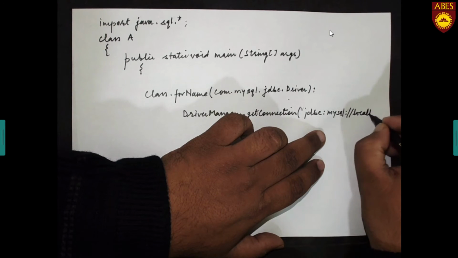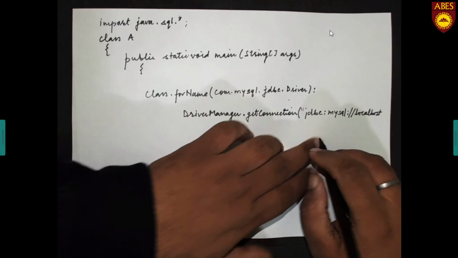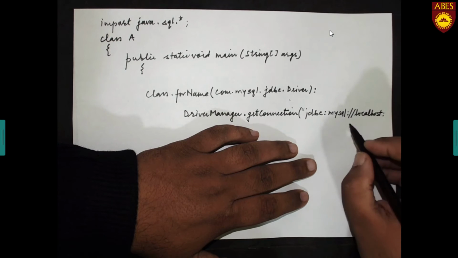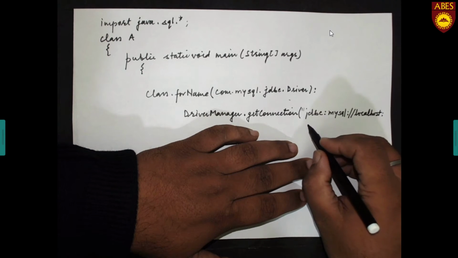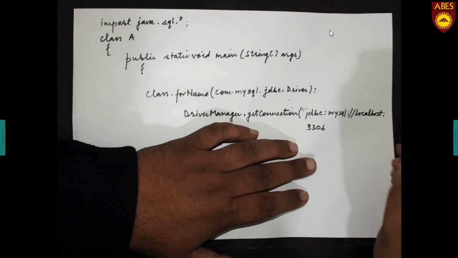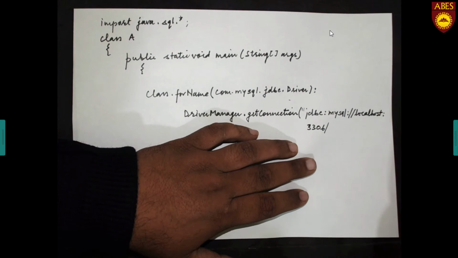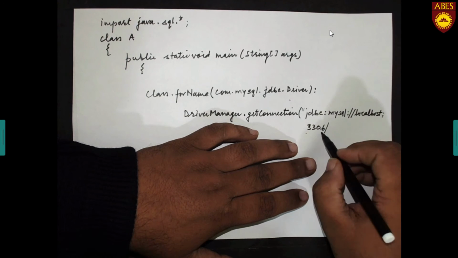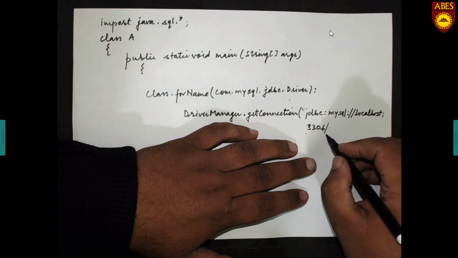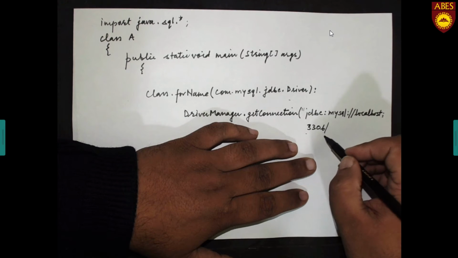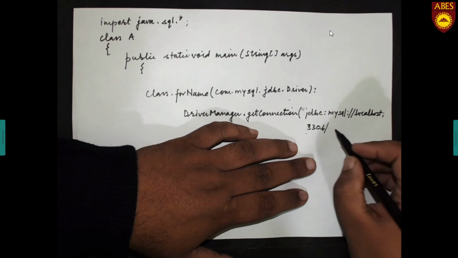localhost, and the port number. The port number is 3306. After this, the name of the database: localhost:3306 where 3306 is the port number, and after 3306 we have to specify the database name.